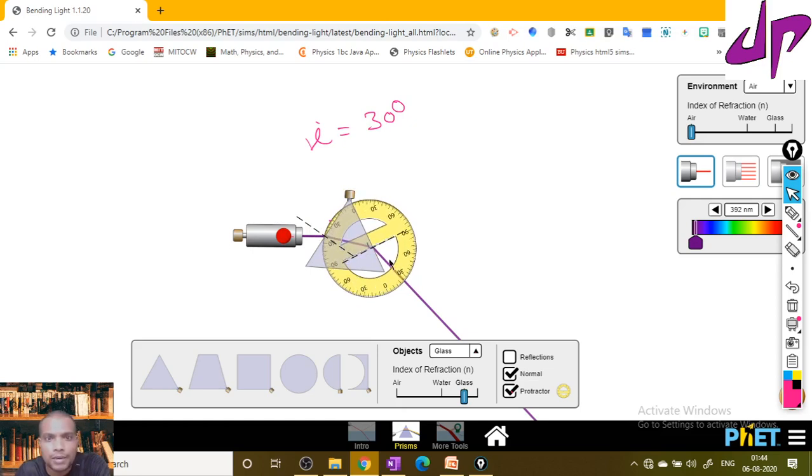Now the normal is at 90 degrees. Now we need to measure this angle, and it is 90 minus 32. If you take roughly 90 minus 30, the angle of emergence is equal to 30 degrees. So like that we measure the angle of incidence and angle of emergence. So here we understood that.